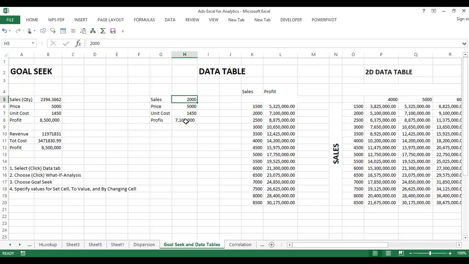So we are going to set profit to 10 million by changing sales. So let's use goal seek to do that. Okay, let me copy this out.